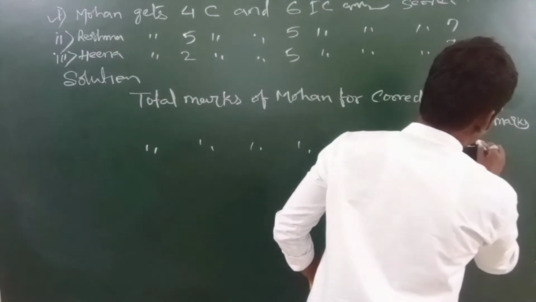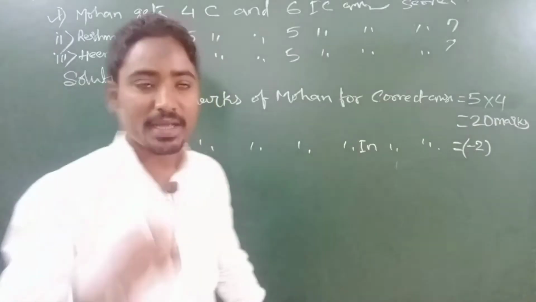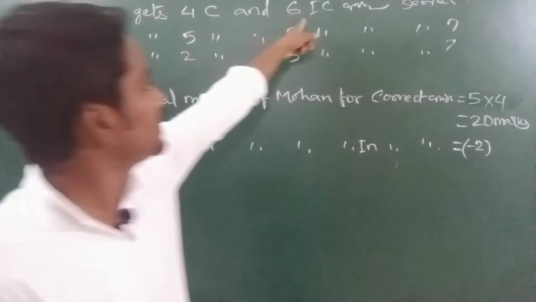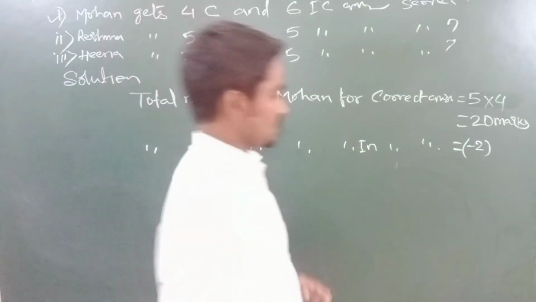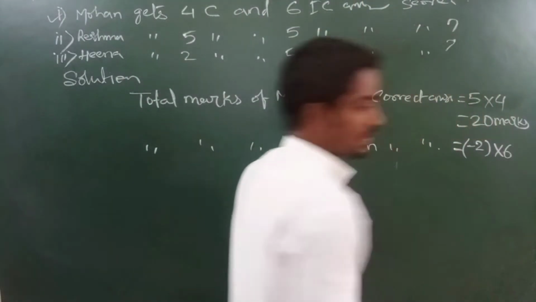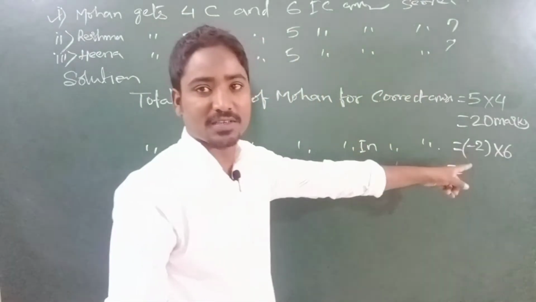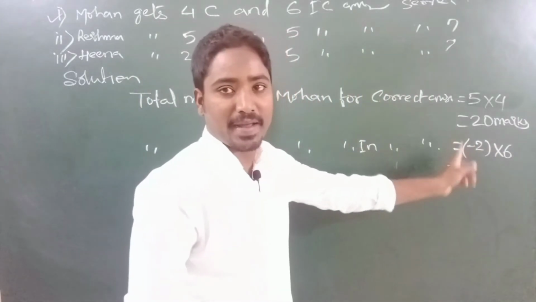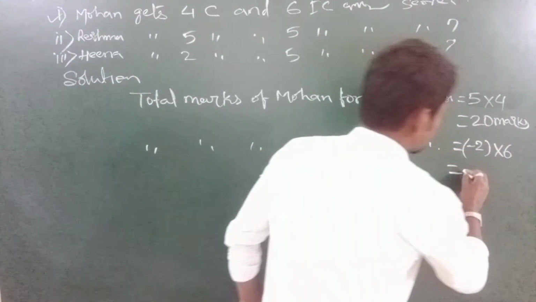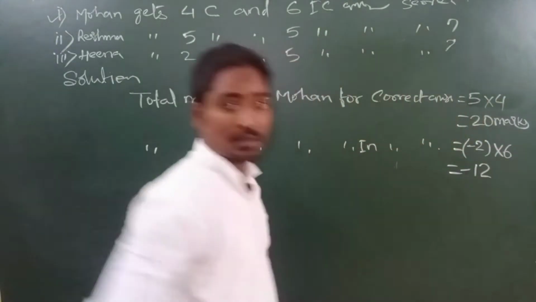Here we are giving -2 marks for 1 wrong answer, and he is giving 6 incorrect answers. So we will multiply it by 6, so we will get the total score. Now this is simple multiplication of integers. 6 twos are 12, minus into plus will give you minus, so it is -12.